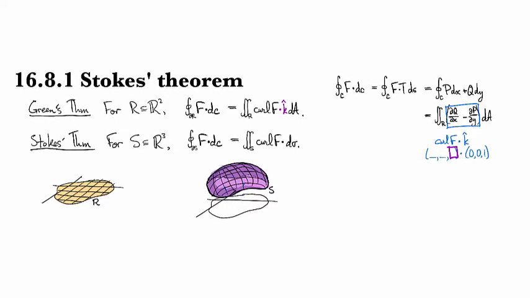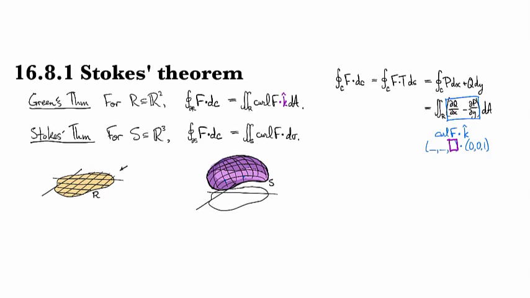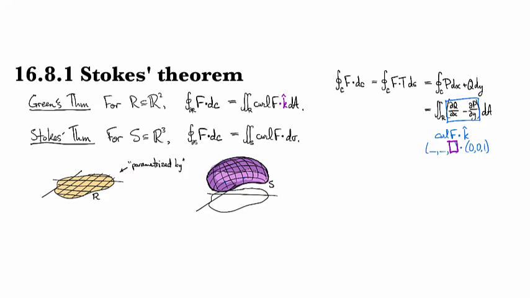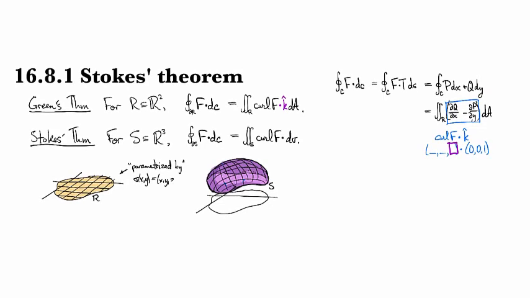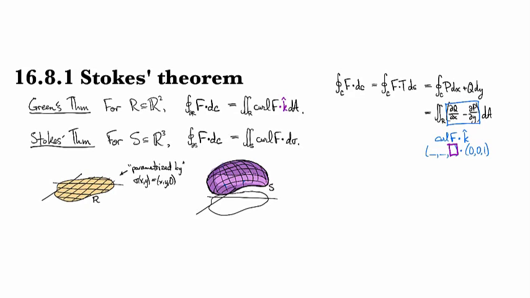So let's see what the relationship is between these two and why that should be utterly unsurprising. Imagine this surface as being parametrized by the world's stupidest parameterization: x, y, 0, right?